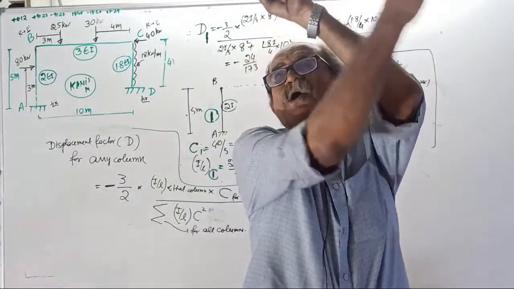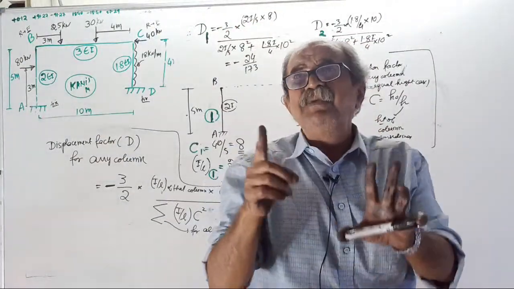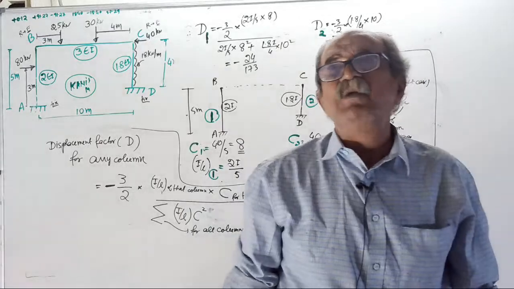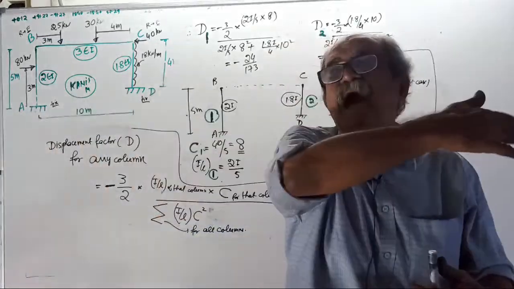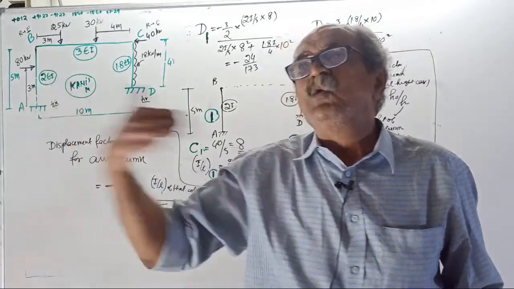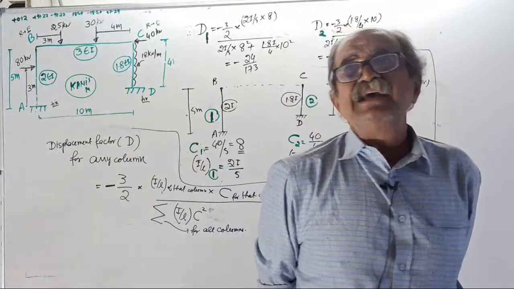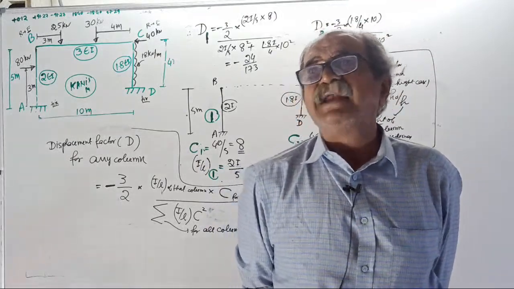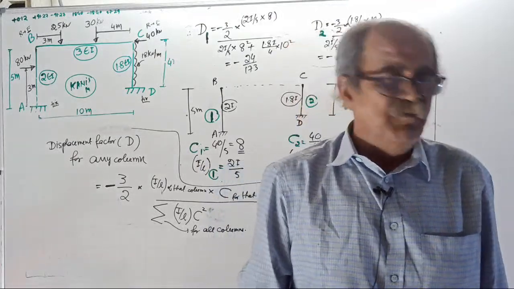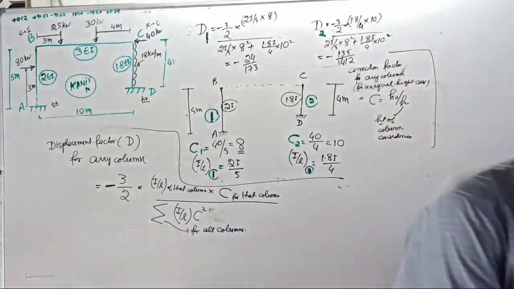See, the word is rotation contribution. When I go for the displacement contribution, what I will do is, I have to move. Tell me why. I cannot rotate. I have to move because why? Displacement is something to do with what?